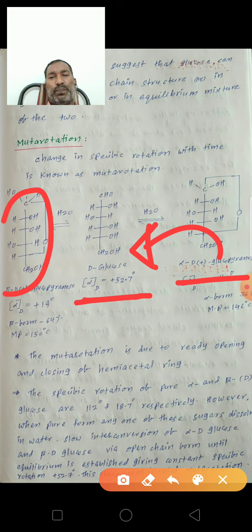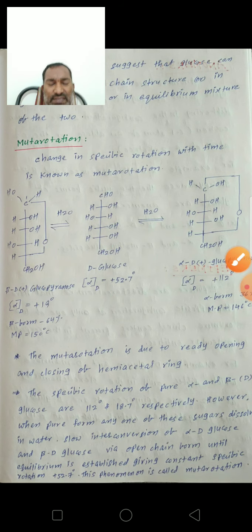If plus 52.7 decreases to plus 19 degrees, it is forming the hemiacetal ring. The mutarotation is due to the ready opening and closing of hemiacetal rings.